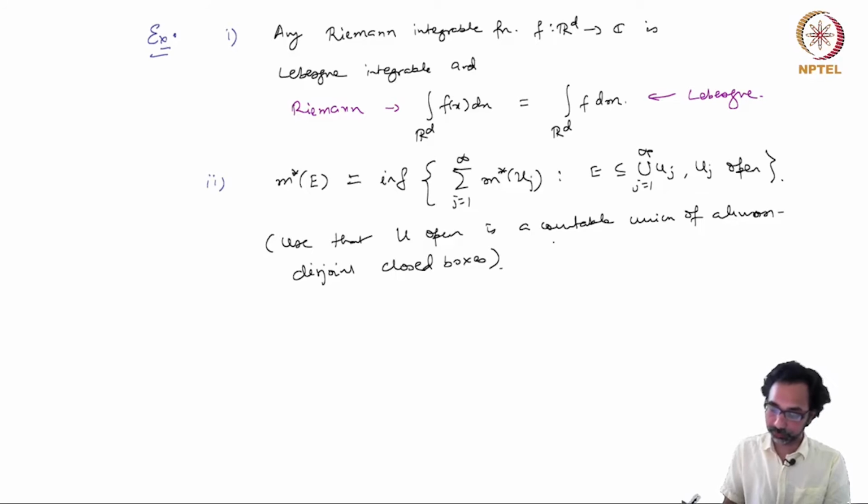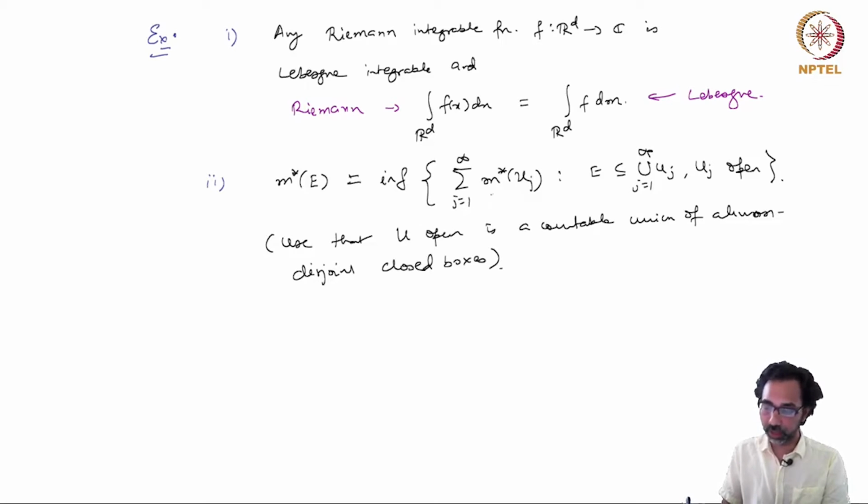Once we have this, we have already seen that the outer measure defined in the Riesz representation theorem was defined using the mu's that were defined on open sets using the functional, and then we define the outer measure like this.